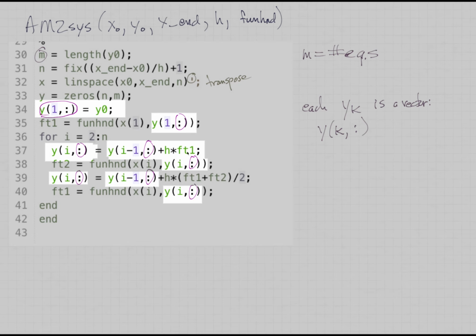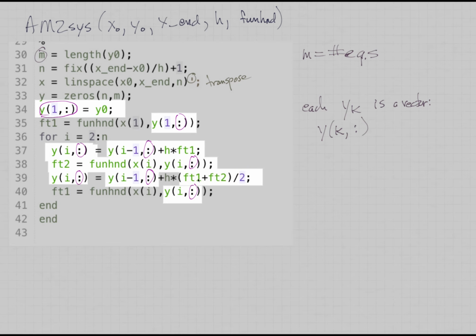That's what ft here is. It's just the value of f at the previous point. And then we use that estimate to get a new estimate for the value of f at the new point. So we use this estimate to get the value of f at the new point, and then we average those two values.